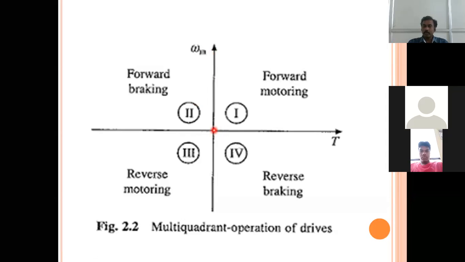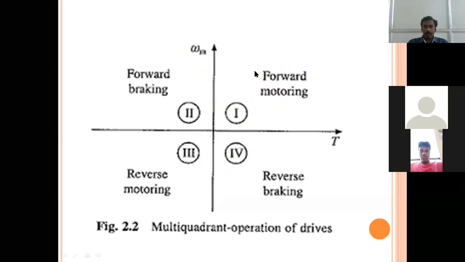Output voltage positive means omega n, the speed, is positive. Output voltage negative means omega n is negative, so one converter is going to provide the operation of quadrants 1 and 4.